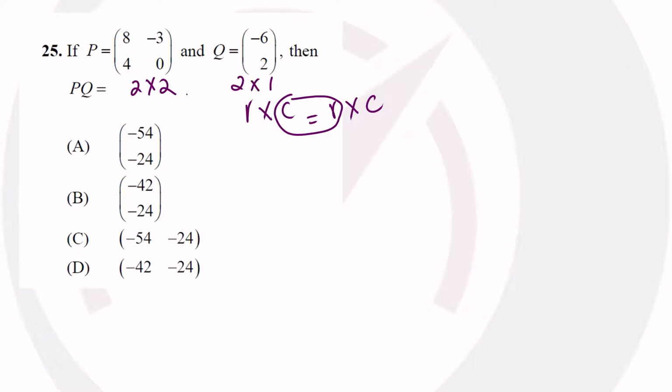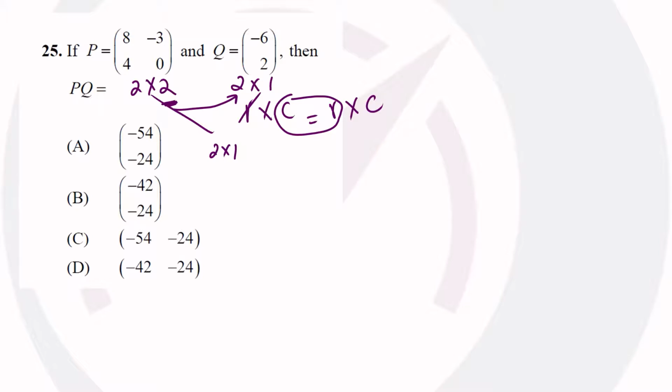Now we can see that the number of columns in P is equal to the number of rows in Q. Hence, our final matrix is going to take the form of a 2 by 1. That means it's going to have 2 rows and 1 column.